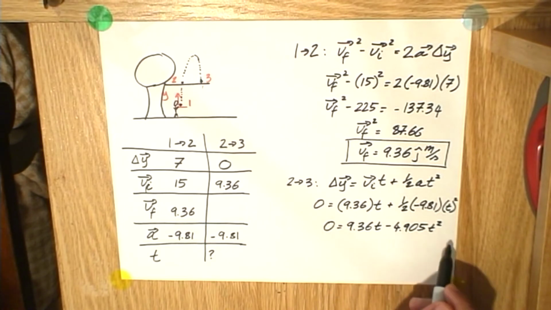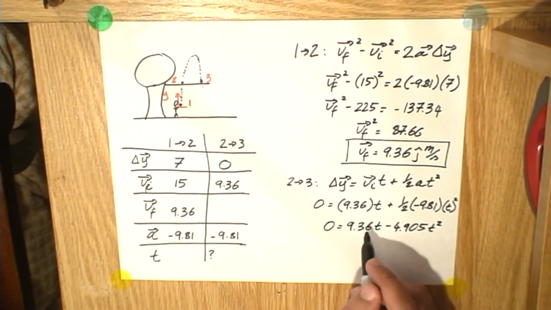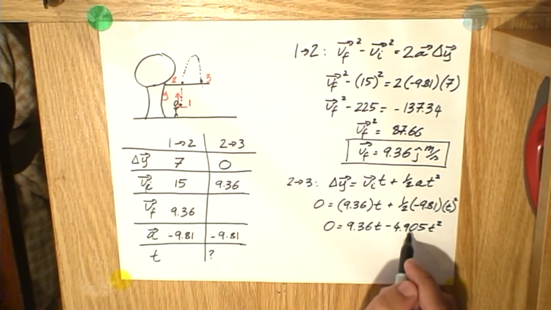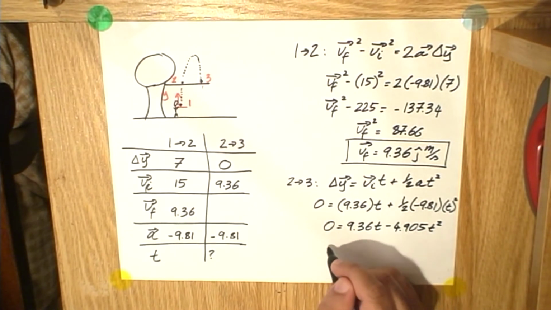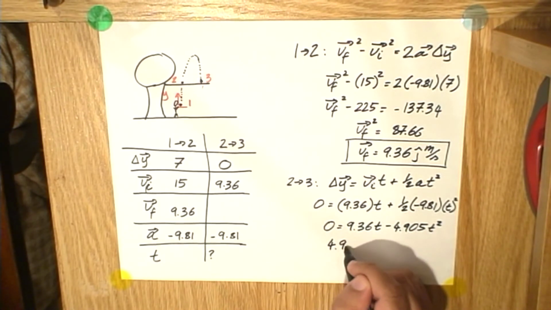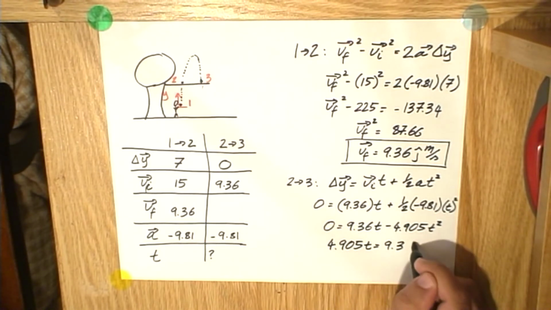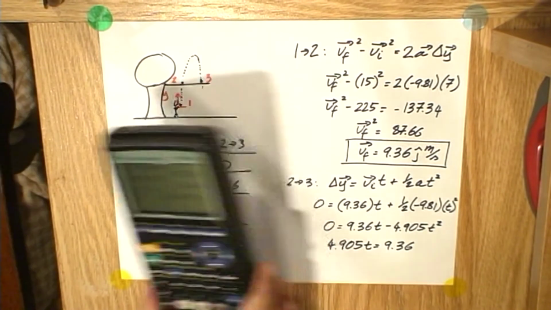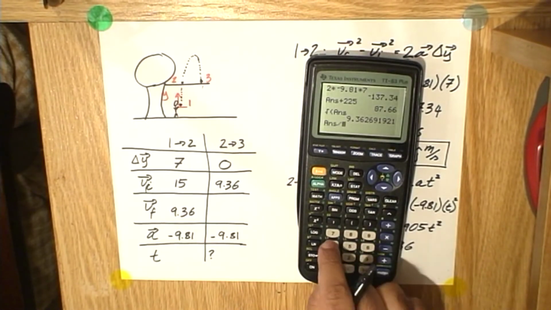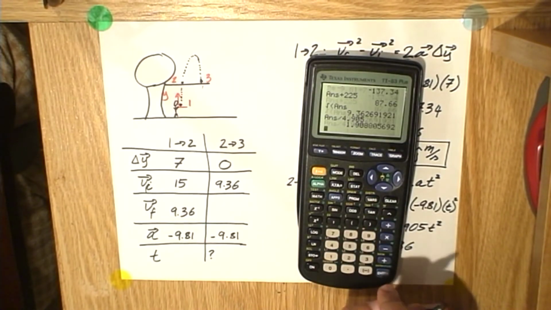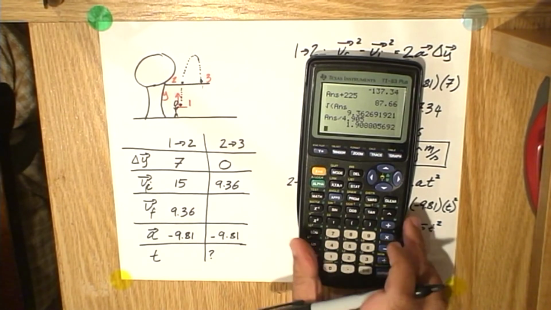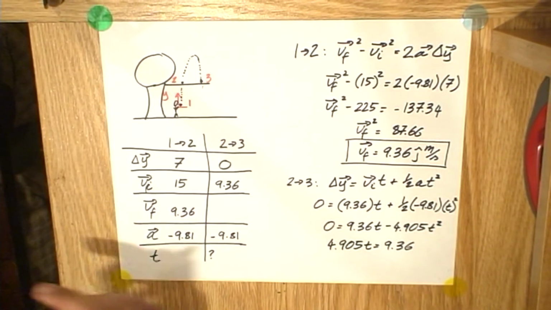I can divide everything by t, and I can move this 4.905 t squared to the other side. That would give me 4.905 t is equal to 9.36. So 9.36 divided by 4.905 will give me 1.91 seconds.